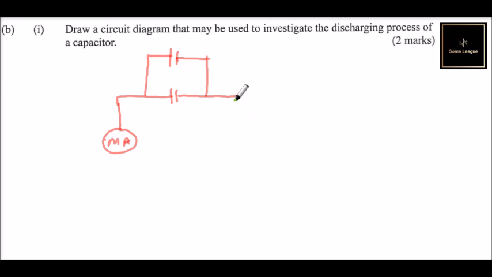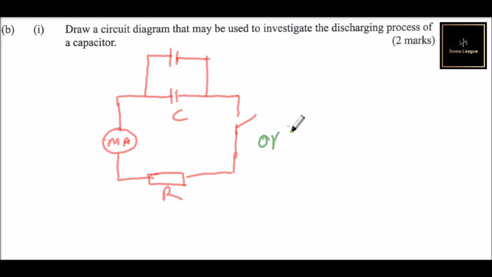Then we can put a switch here, which can be denoted that way. Then we will connect our resistor here. This is our resistor. So this is our R. So this will come there, and that will be the connection. So this is a capacitor. So once you close the switch, you will be able to discharge the capacitor.